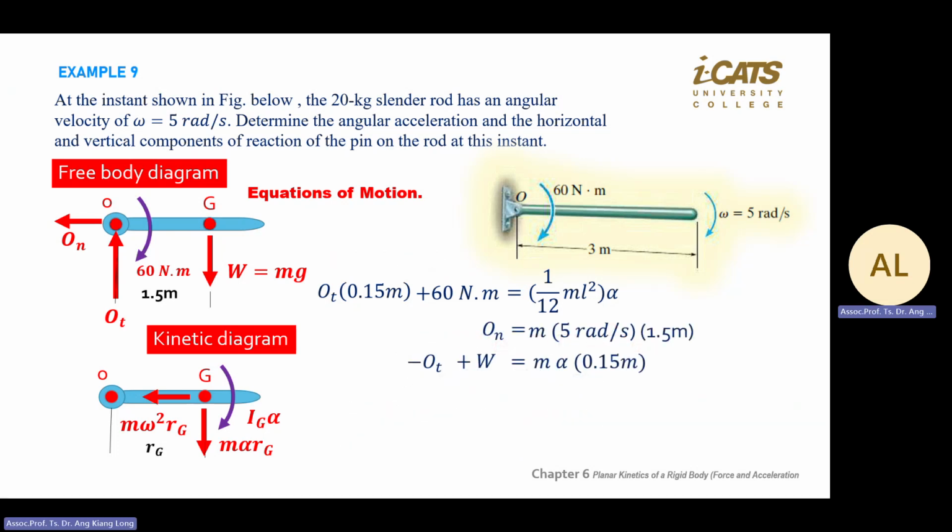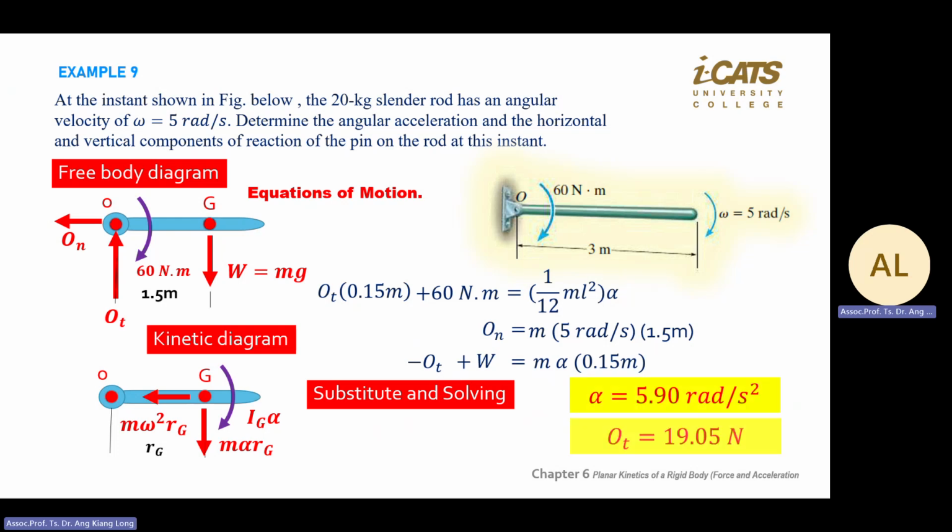You have three equations, and you solve these three simultaneously. Then you'll get alpha equal to 5.9, OT is 19.05, and the normal force is 750 Newton.